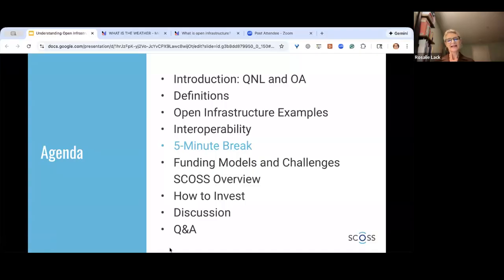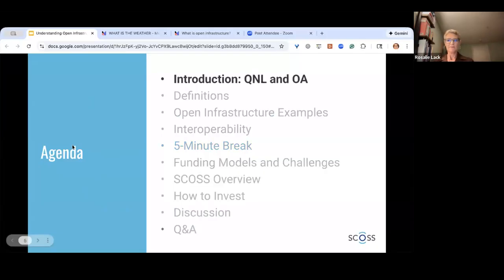And then we're back for the second half to talk about funding models and this overview of SCOSS and how to invest. And then we'll have a chance for Q&A at the very end. So as you think of questions, put them in the Q&A, or we'll gather them also at the end.